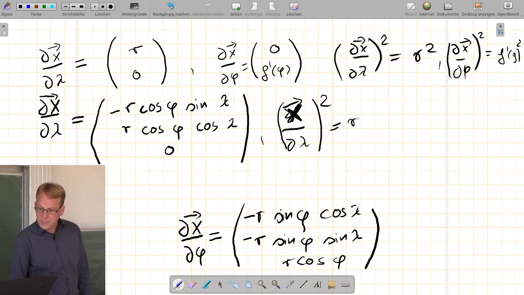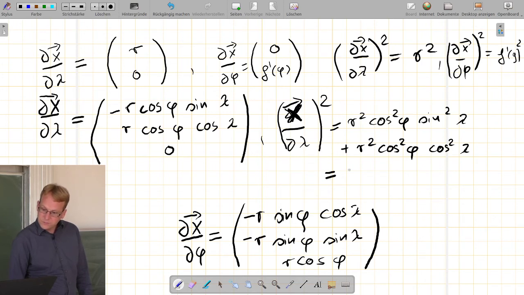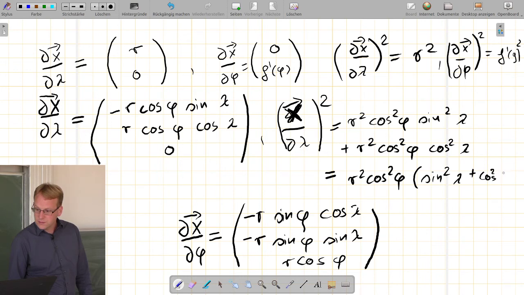We have this r squared cosine squared phi sine squared lambda plus r squared cosine squared phi cosine squared lambda, and that is equal to r squared cosine squared phi times sine squared lambda plus cosine squared lambda, and this one here is exactly 1, so that we can forget altogether.